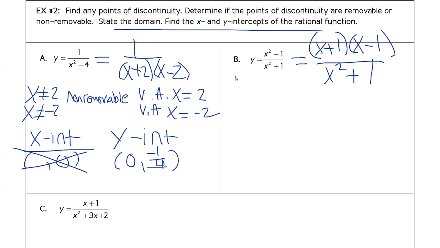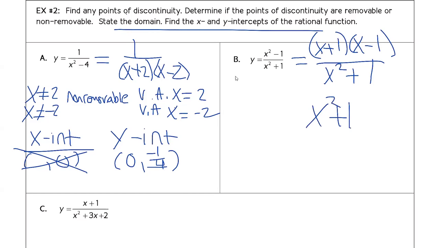I always check 0. If I plug in 0, 0 squared plus 1, that's 1. That's okay. And then I plug in a positive 5, 5 squared, 25 plus 1. That's okay. So my gauge is there's nothing I could plug in that would be a problem, because an x squared is always going to make anything positive. Since you're squaring a number, it's always a positive plus 1. That's not going to give you any issues. So there's no way that's ever going to equal 0 with real numbers.